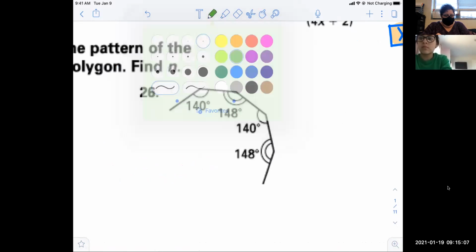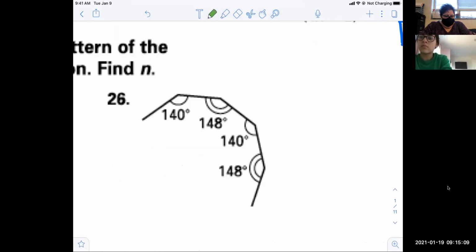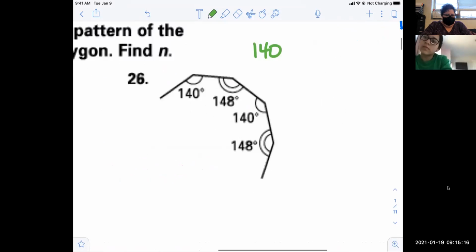Oh, go ahead. I added up all the interior angles and multiplied the sum of them. Okay.